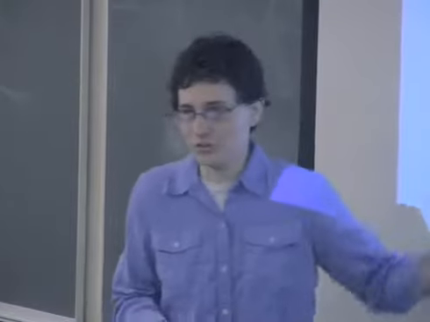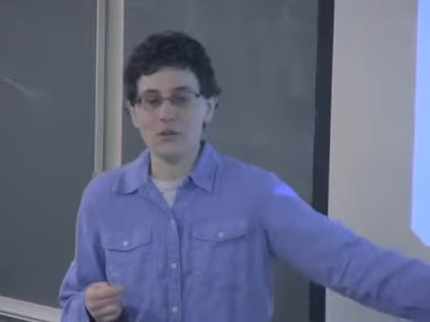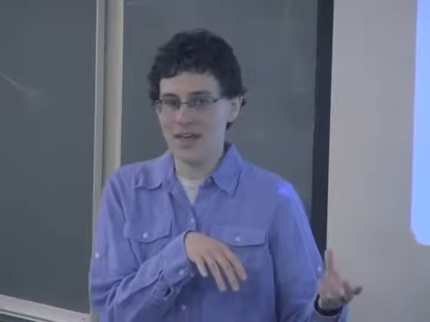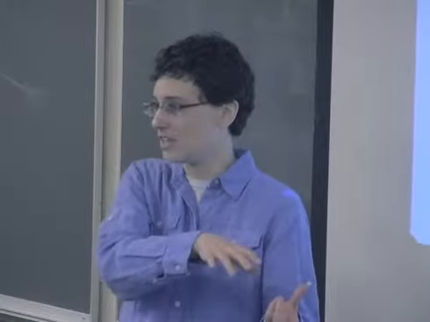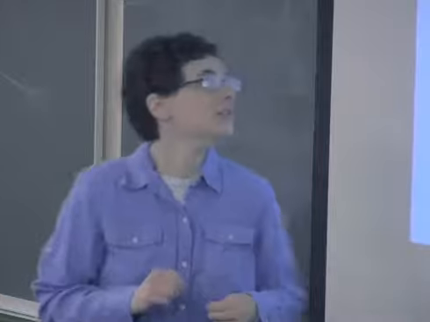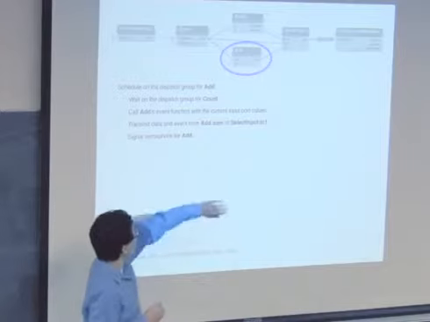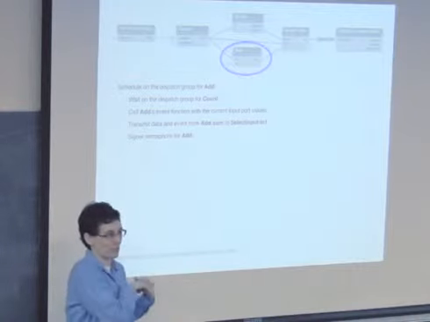So a dispatch group is one of those abstractions, and it allows you to submit tasks to a dispatch group, and you can have another dispatch group that waits on all the tasks in the first dispatch group to complete. So we're using that here to make sure that the add and the divide nodes wait on the count node before they execute, but they don't have to wait on each other.